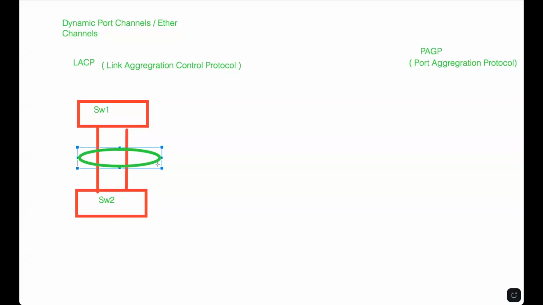We are bundling together. So here there are modes on the port. You put this port, it can be either in the passive or active mode. So what do these two modes do? Active mode means it will try to listen and send the message to form the port channel.